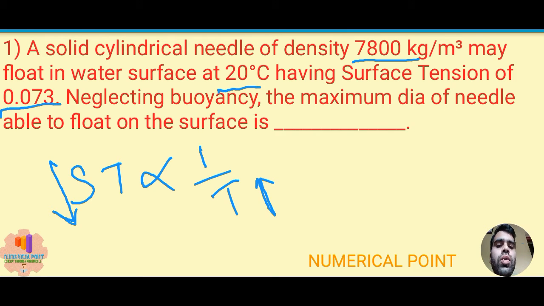So in order to define the surface tension, you need to first give the temperature. Okay, at 20 degrees Celsius the surface tension value is this. If temperature is increased, then the value will decrease. If temperature is decreased, then the value will increase. So let's first note the data that is given in the question.